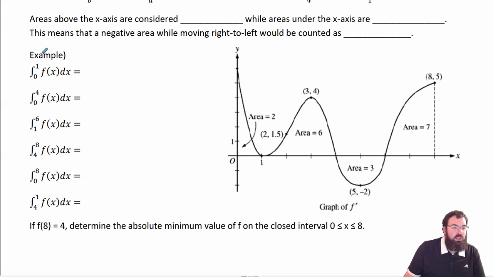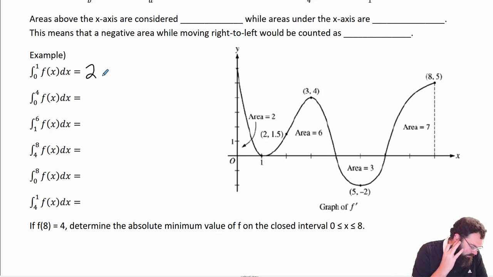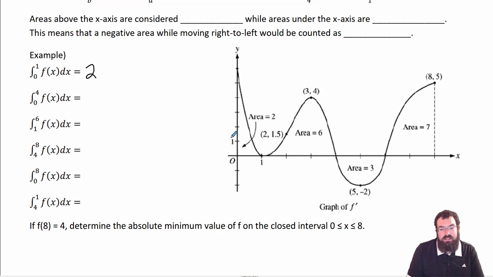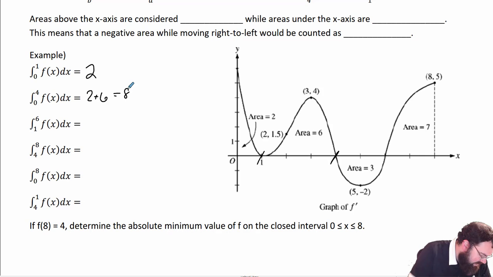Here's some properties. For example, on this graph, from 0 to 1 of f of x dx, that area is 2, so we're going to say it's 2. From 0 to 4, I'm going to add up from 0 to 4, so 0, 1, 2, 3, and 4 right there. If we know that's 2, we're going to get 2 plus the 6, and that's going to be a total of 8.